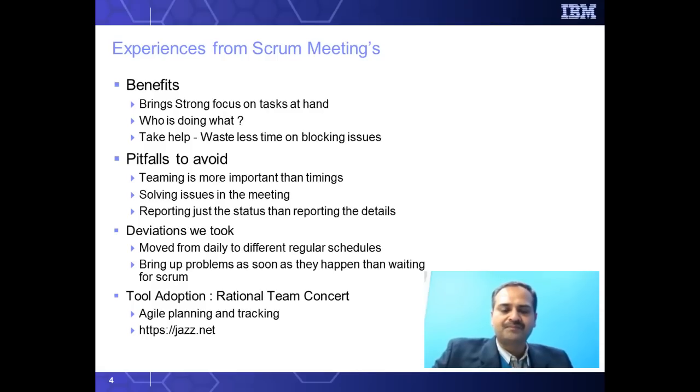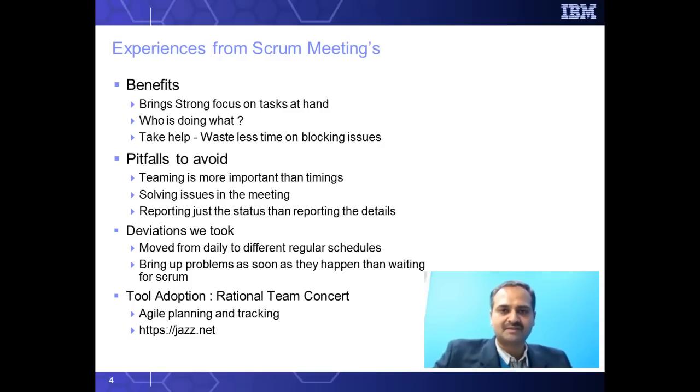The other change we made was that team members should bring up problems as soon as they happen, instead of waiting for the Scrum meeting. If somebody is blocked, it's better to raise that problem in an impediment work item or in a common placeholder, which everyone can be made aware of.